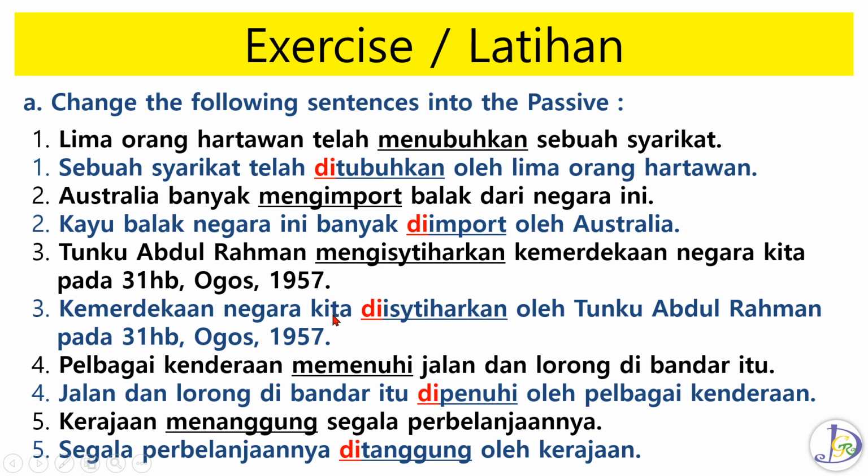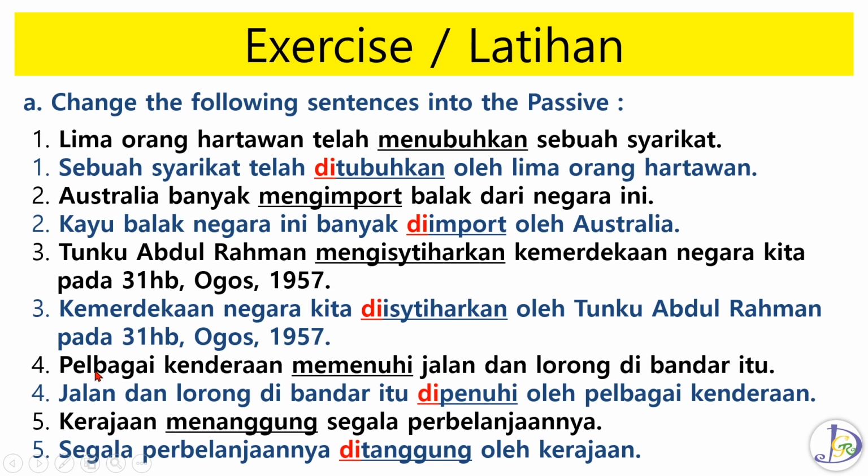Kemerdekaan negara kita diisytiharkan oleh Tunku Abdul Rahman pada 31 hari bulan Ogos 1957. Our country's independence being declared by Tunku Abdul Rahman on 31st August 1957.